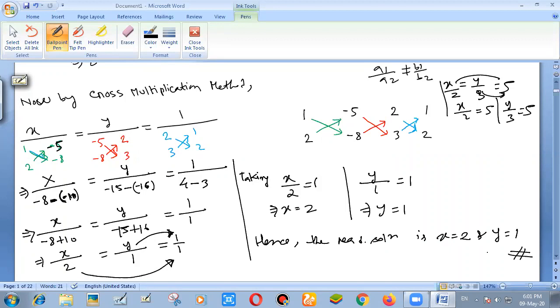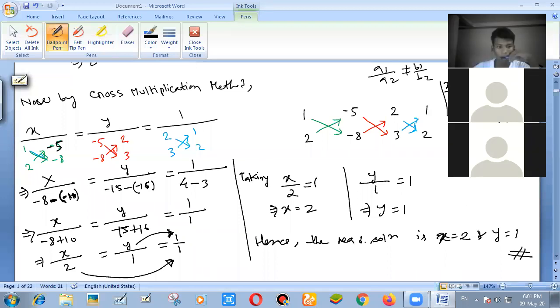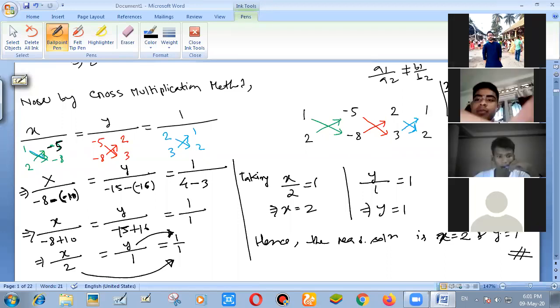Clear? Okay, Kaushik, show me your face. I think Dipjyoti, in the middle of the class, has gone somewhere. Kaushik, show me your face. Yes.